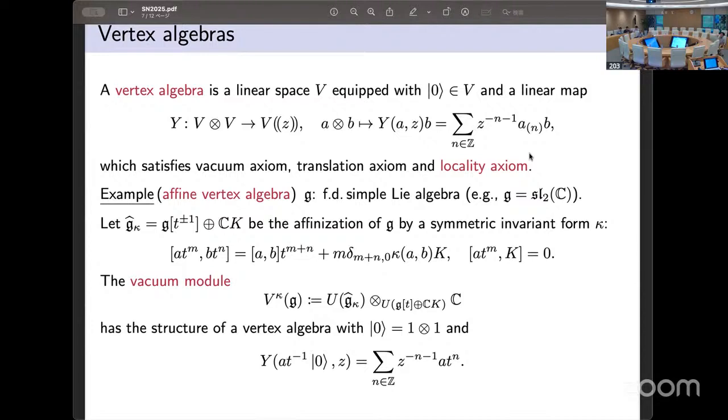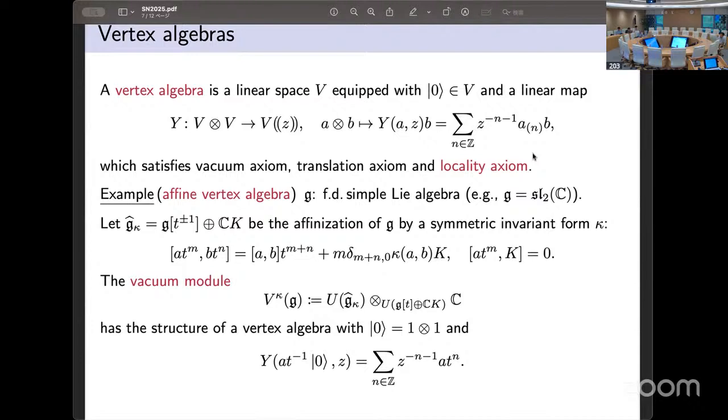But A_n B is already defined. A_n B is the coefficient of this Laurent series. So this is an element of V. This one is canonically defined.